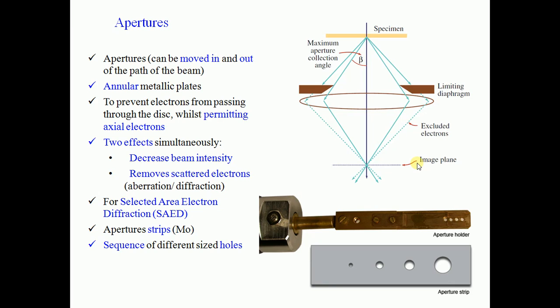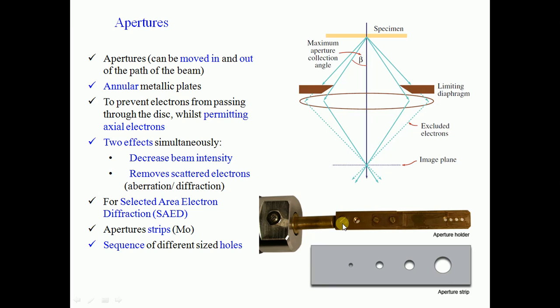Apertures play a major role in the various modes of operation of the TEM. As you can see at the bottom of the slide, an aperture strip is shown with various apertures, annular metallic holes you can see. These are apertures, this is a metallic plate, and this is an aperture holder, very similar to a sample holder.